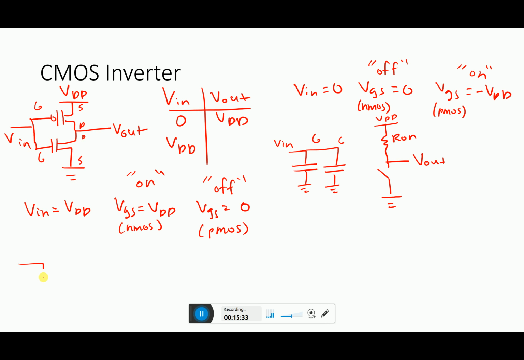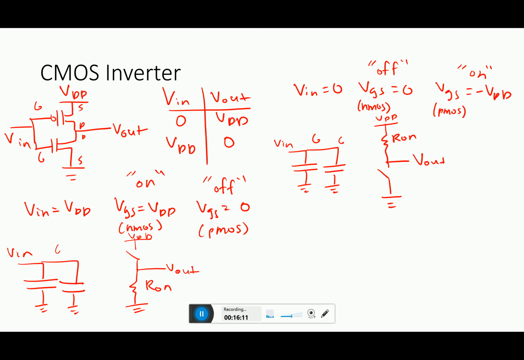That means that we again have the two capacitors for Vin for the input side, and for the output side we have no electrical connection between VDD and Vout, but a resistor between Vout and ground. So this basically makes a good connection between Vout and ground, and we have Vout being 0. So we've effectively fixed the two problems that we had before.